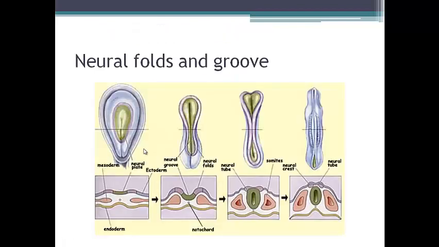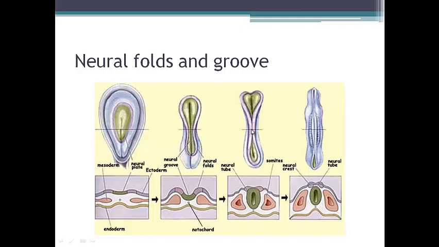Now, what you're looking at here is an aerial view. You're basically looking at the embryonic disc from the top, and this green plate here is the neural plate. They've given you a set of cross sections as well, so you can follow along. Here you can see how the neural folds have started to elevate and are growing towards each other.